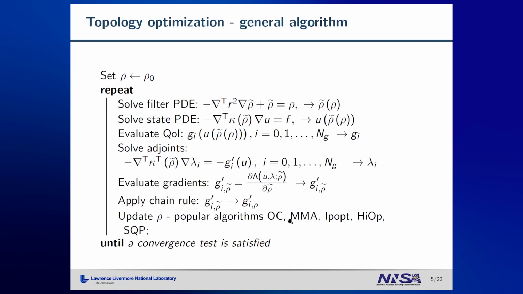This would be optimality criteria. MMA is perhaps the most popular algorithm for topology optimization. We can use IPOPT, HiOp in MFEM, or Rippy-based algorithms. And we can repeat this process until convergence is satisfied and we're happy with the design.